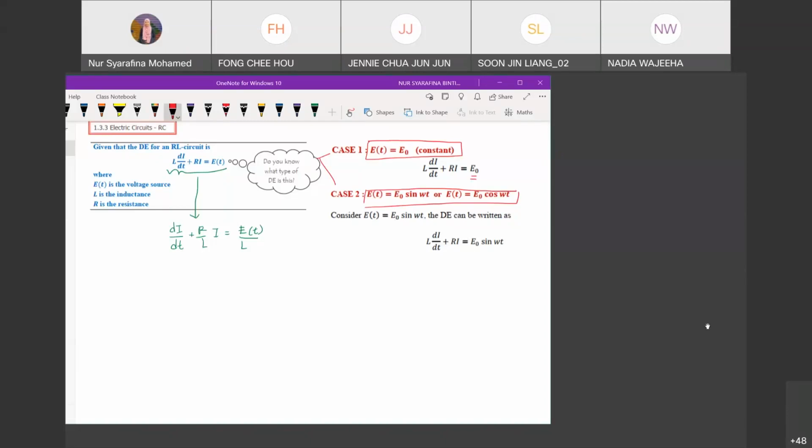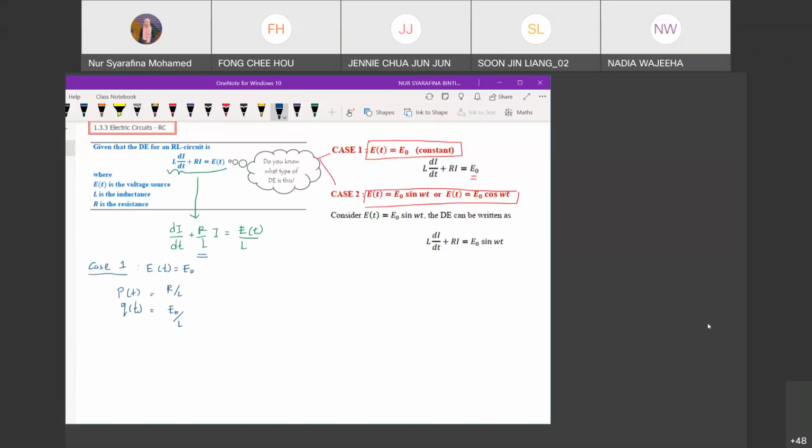Now, let's take a look at case by case here. So first, case 1, where E(t) is a constant, right? So solving this, you should identify your P(t) and Q(t). This is your P(t) and the Q(t) is E naught over L, where E(t) there is E naught.